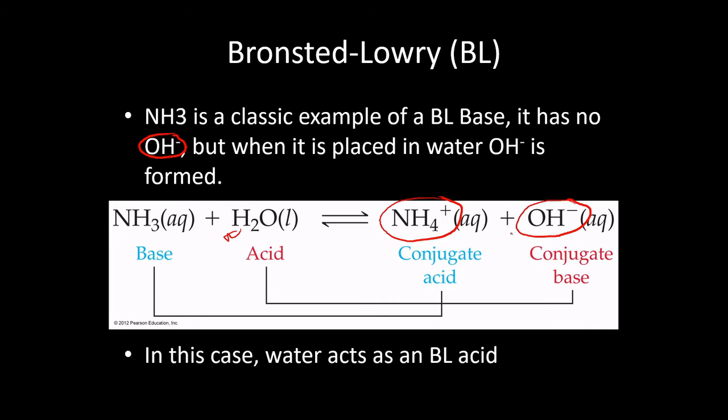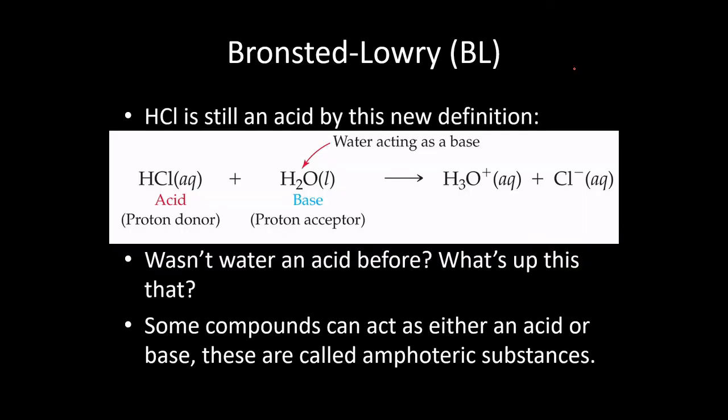Now do keep in mind that anything that is an Arrhenius acid or base is also going to be a Bronsted-Lowry acid or base. So we have the Arrhenius acids and bases, and the Bronsted-Lowry acids and bases are going to include all of those Arrhenius acids and bases. We're just going to add in extra, essentially. It's covering more molecules. But everything that would be in Arrhenius would also be Bronsted-Lowry in terms of definitions.